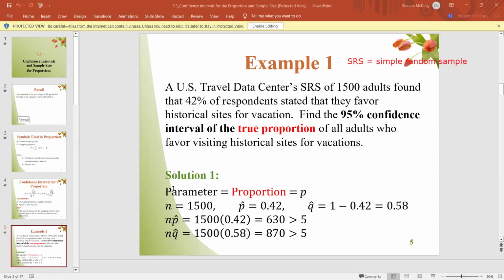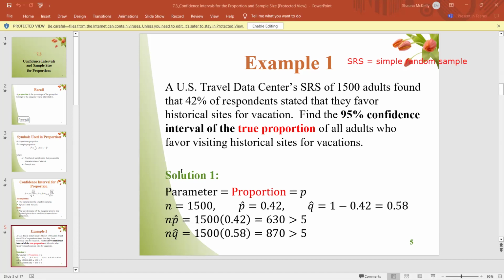So what you're going to see her do in the remainder of this chapter and chapters 8 and 9, which you'll see why later, is she's going to state what the parameter is. We call it the parameter of interest. It basically means what are we trying to do something with?